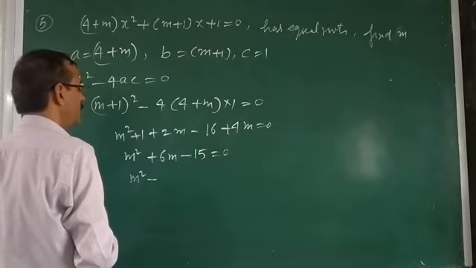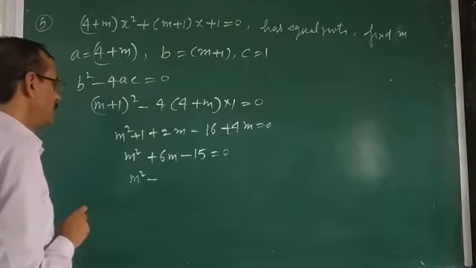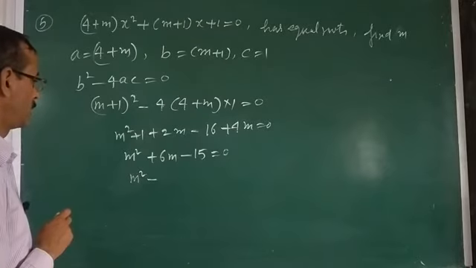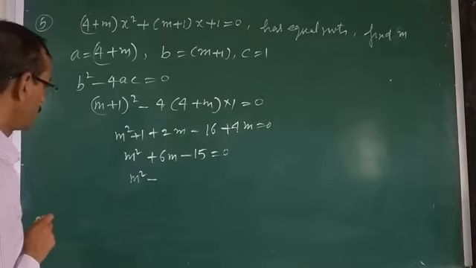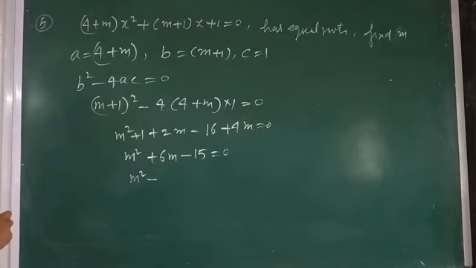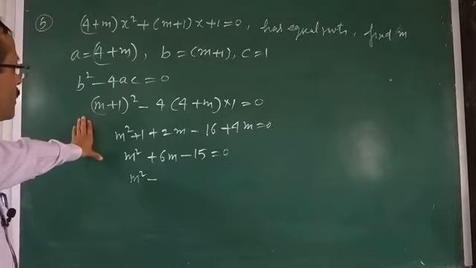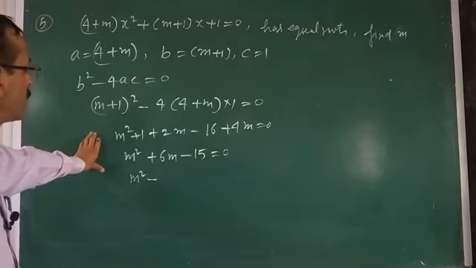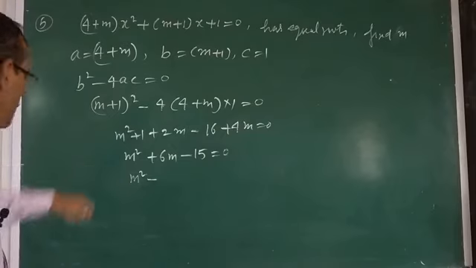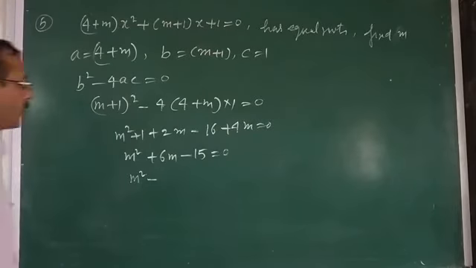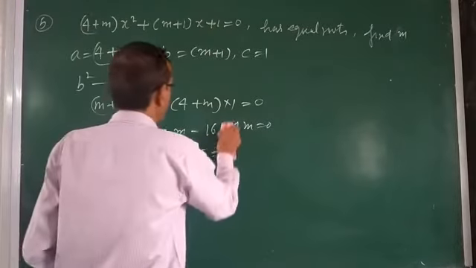Something is missing or the question is wrong. m plus 1 whole square, m square plus 1 plus 2m minus 4, 4 ja. Oh, here we can go wrong.